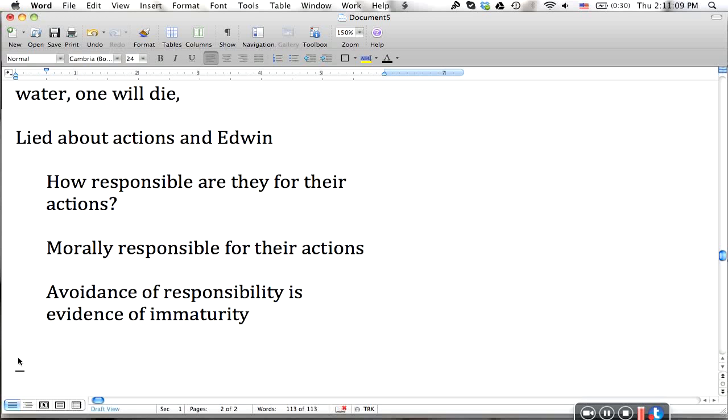Well, one of the things you could say too, right, is that maybe one way to parse it is to talk about moral responsibility and legal responsibility. Legally, for a minor, one could argue that you can't hold them legally responsible because of their lack of familiarity or lack of adult understanding of a legal system and how it works.